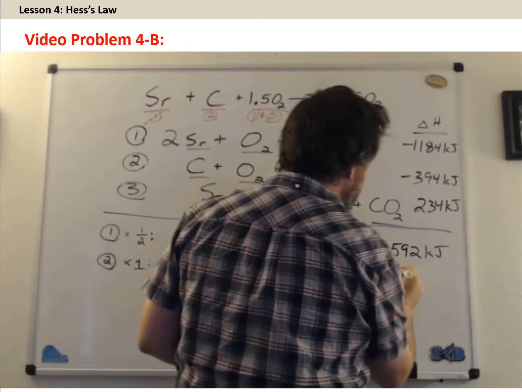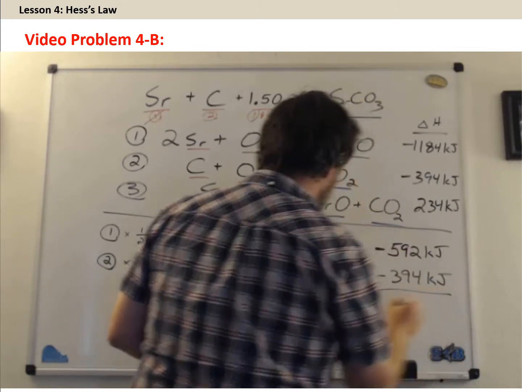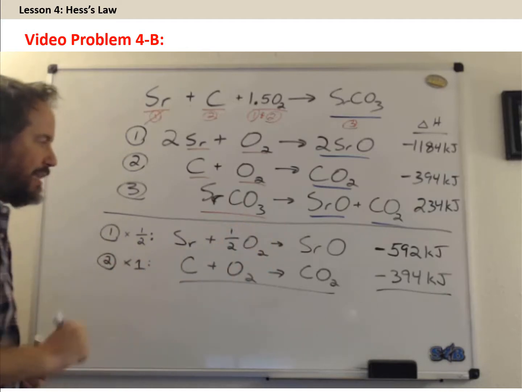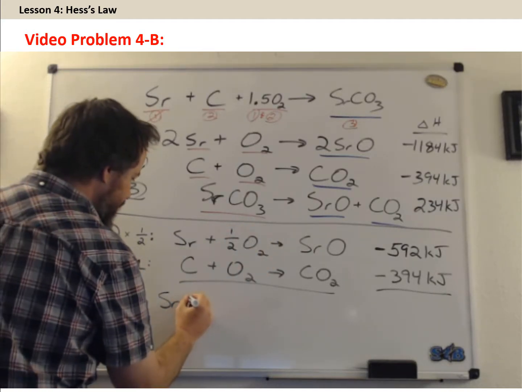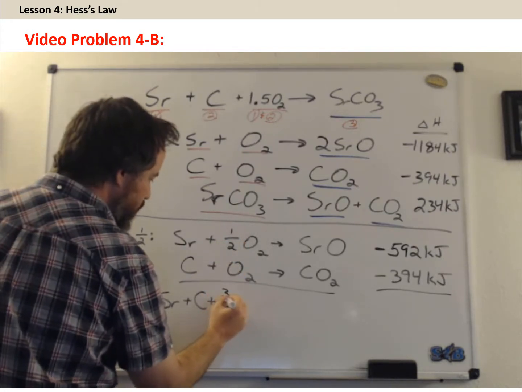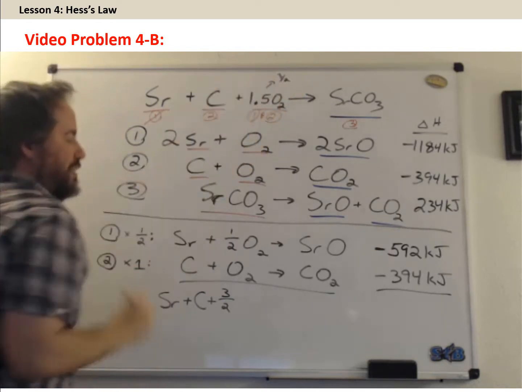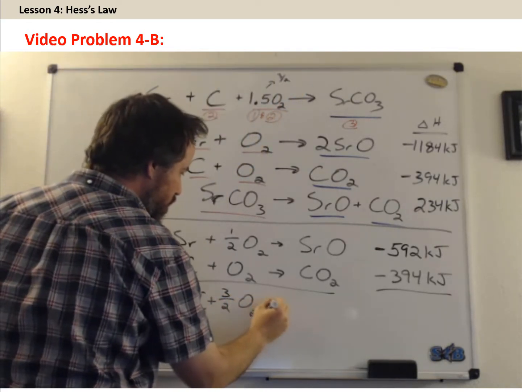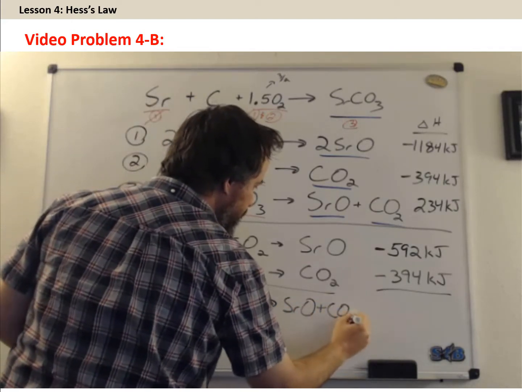That's going to give me negative 394 kilojoules. I'm going to add these 2 up. So I get strontium plus carbon plus 3 halves, or 1.5, these are the same thing, O2, goes to form strontium oxide plus CO2.